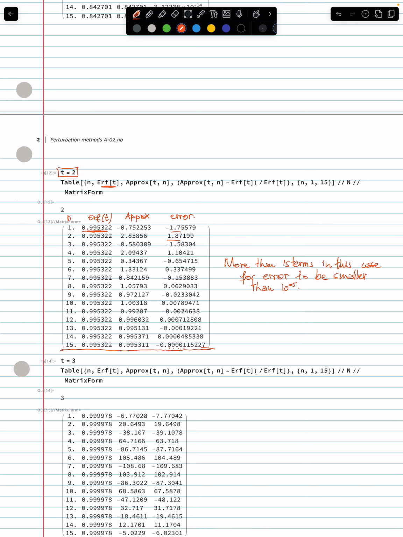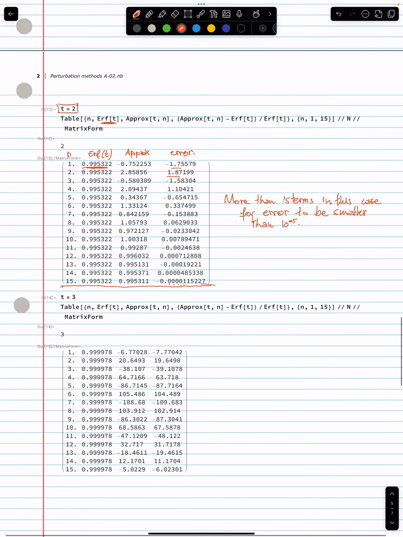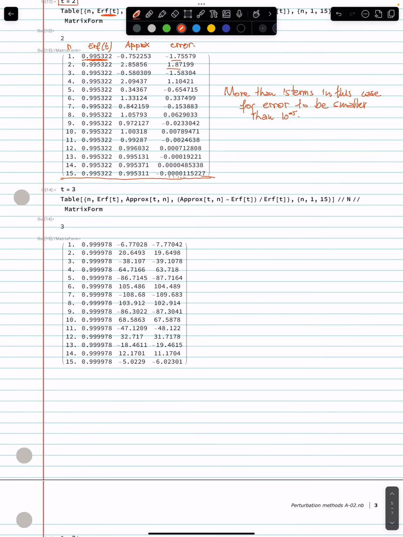Of course, it's going to take some computational resources, but this is probably still fine. And so if you want to keep going a little bit further, you see that when t is equal to 3, the value of the error function comes closer to 1, but we don't necessarily come with crazy numbers, right? Because this is only 99998.